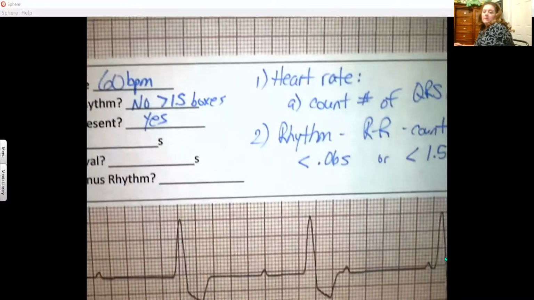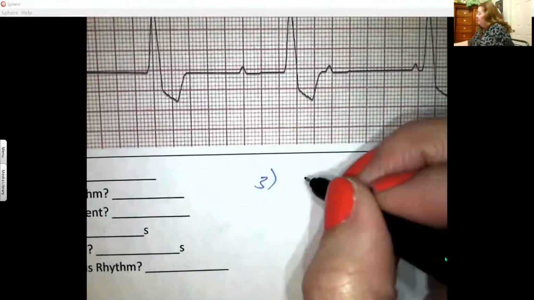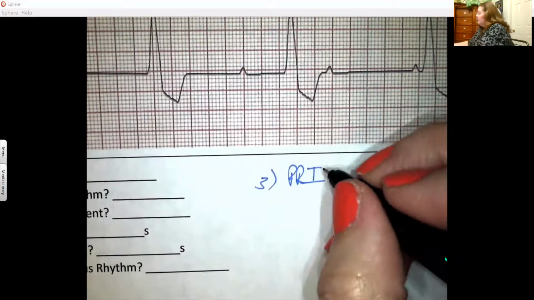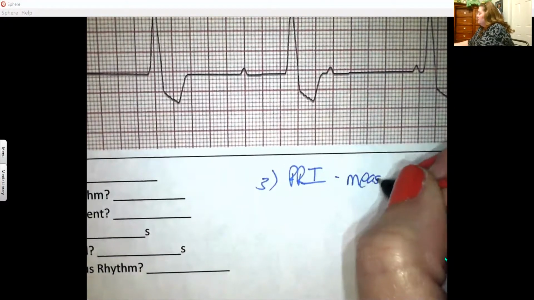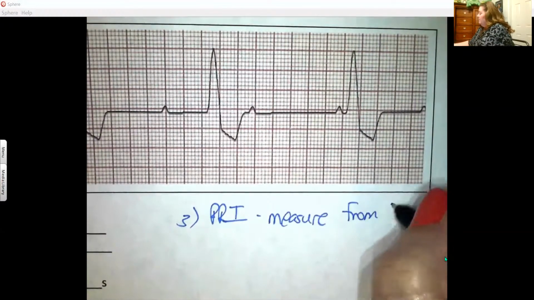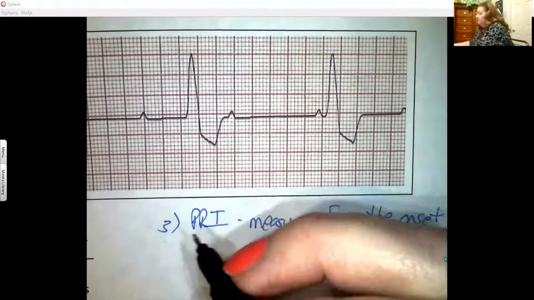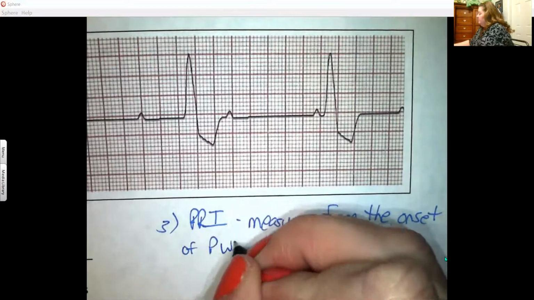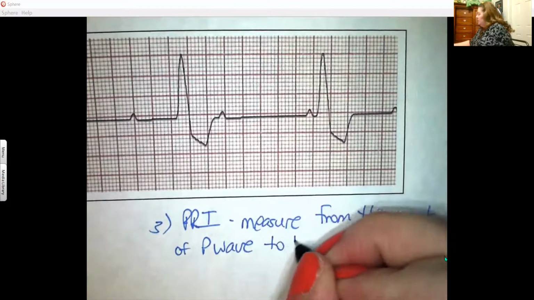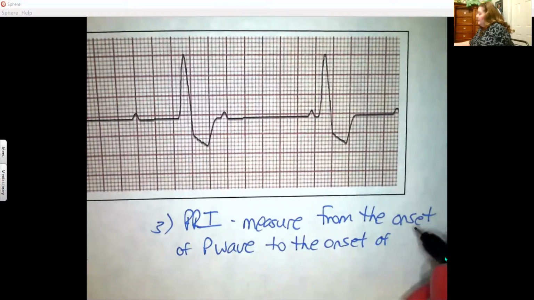PRI. So we're going to jump down to the next white space down here to write down PRI. P to R interval is what this is. So we measure this, scoot over, from the onset, the beginning of P, and we measure to the onset, beginning of the QRS complex.